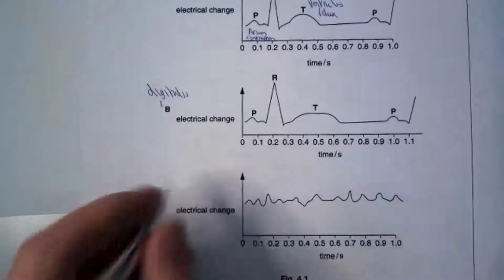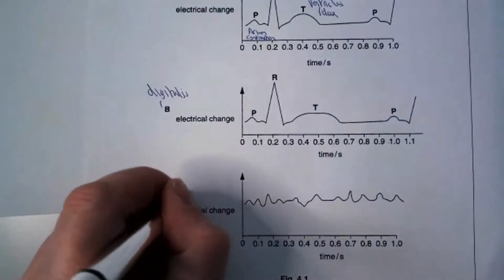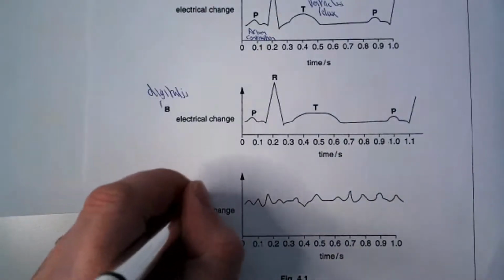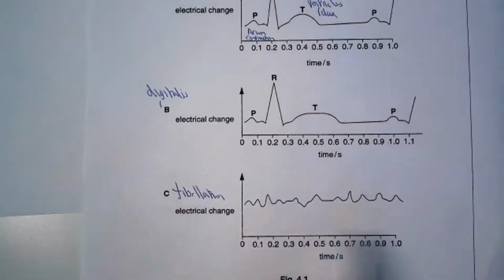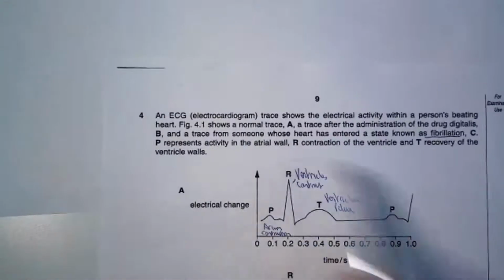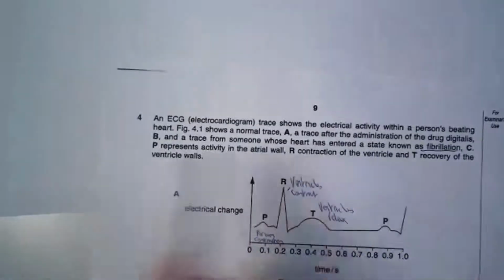So C, this is fibrillation. And you can see a clear difference between this graph and a normal ECG from a normal trace. Again, it says C.